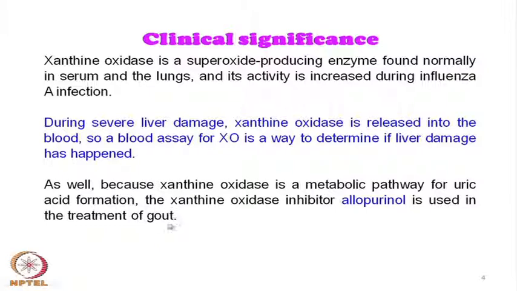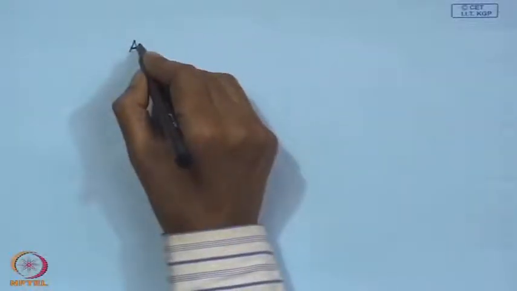So, if we want to reduce the crystallization of uric acid, we want to reduce the concentration of uric acid, that means we should have a condition where the activity of xanthine oxidase can be reduced. This reduction can take place by a suitable agent, which is our allopurinol. So, this allopurinol, we will see what that particular molecule is.